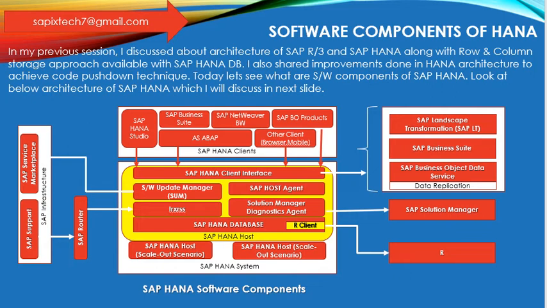I'll discuss each and every topic one by one, and I'll show you what the uses of these SAP clients are and how we access them. Before moving on, let's talk about the software components of SAP HANA.